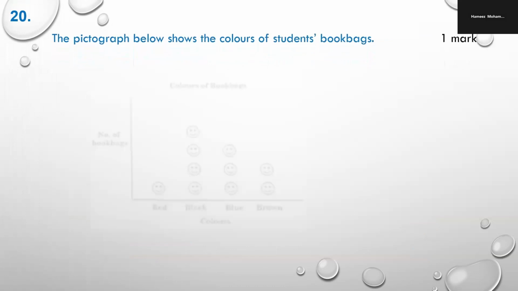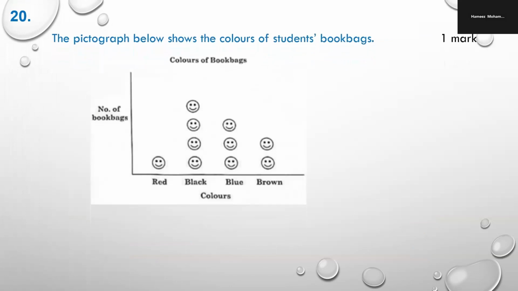Last question now, which is, of course, a statistics question. The pictograph below shows the colors of students' book bags. We have number of book bags. Red, black, blue, and brown are the colors of their book bags. And it says, if 32 of the book bags are black, how many are blue?